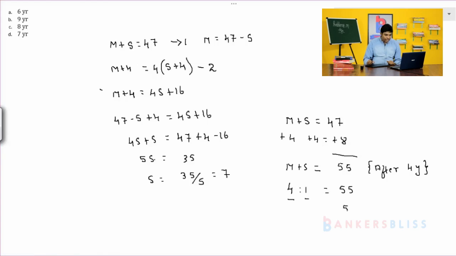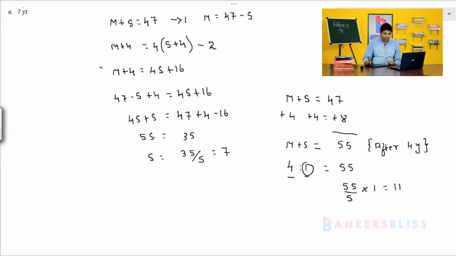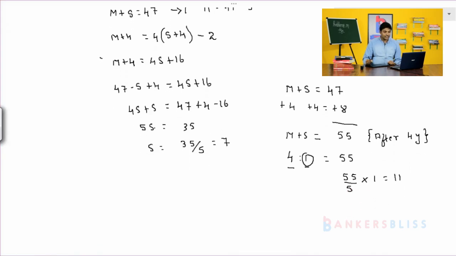So 55 by 5, and you have to calculate the age of the son, that is 1, into 1, which is equal to 11. So after 4 years the age of the son will be 11. But the present age of the son is 11 minus 4, that is 7.